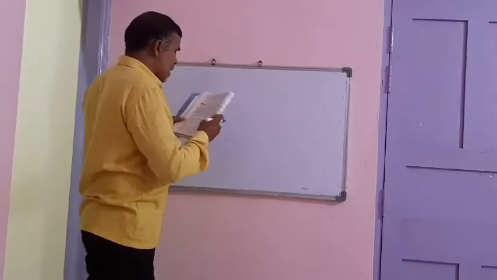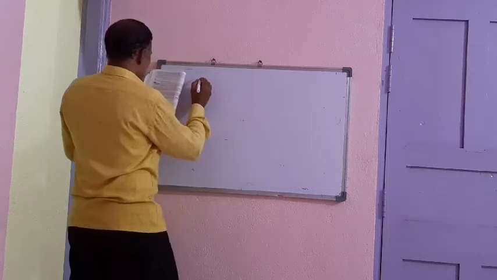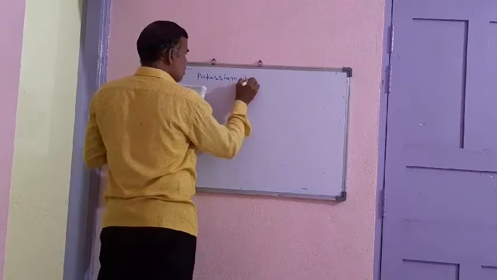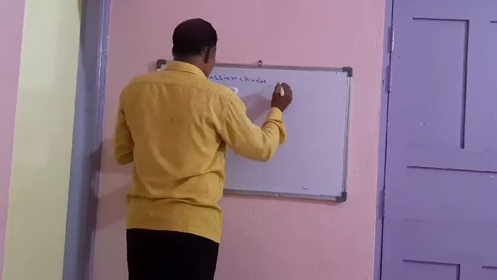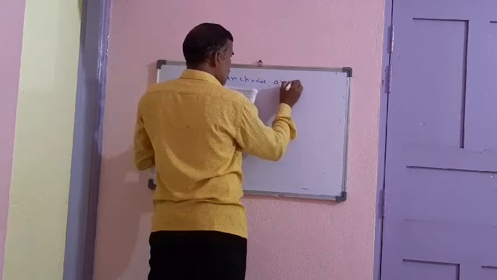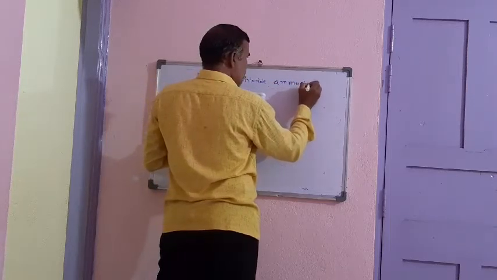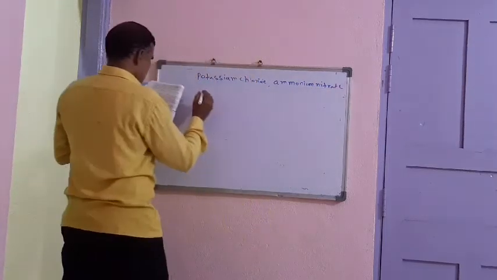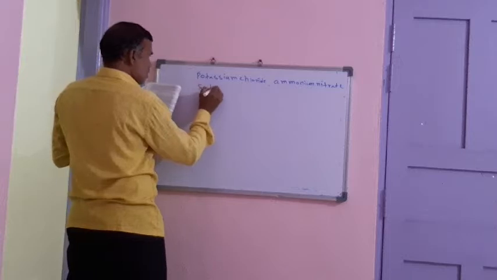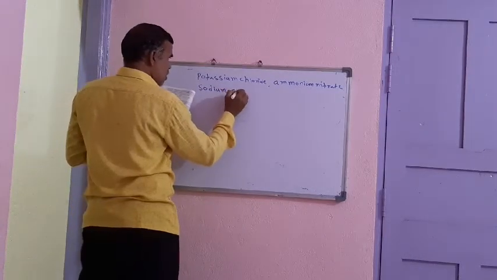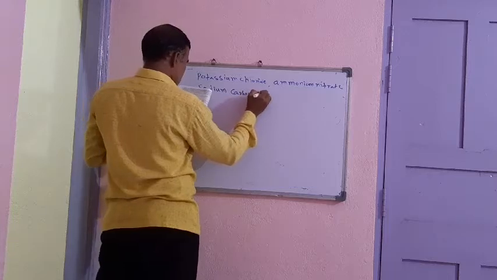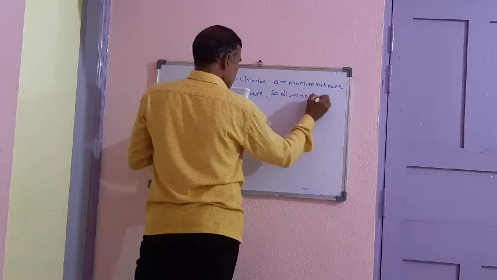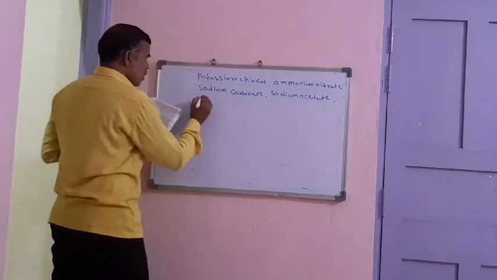सो these salts are as, look at this: potassium chloride first, next ammonium nitrate, next sodium carbonate, next sodium acetate, and last आहे sodium chloride.